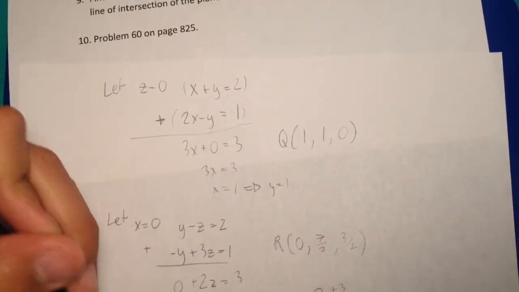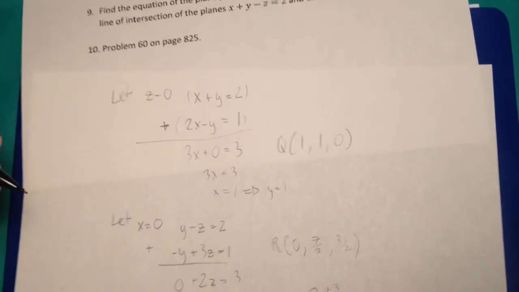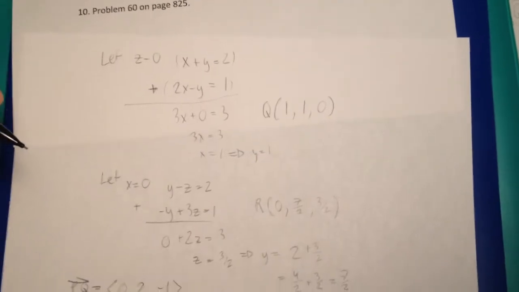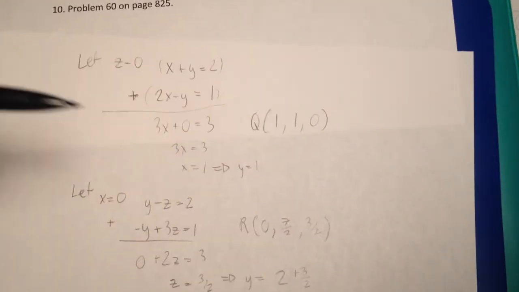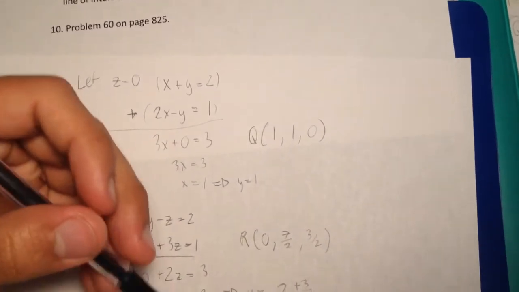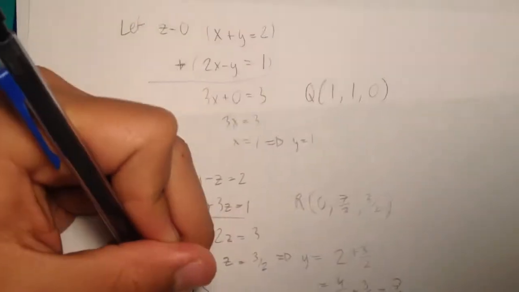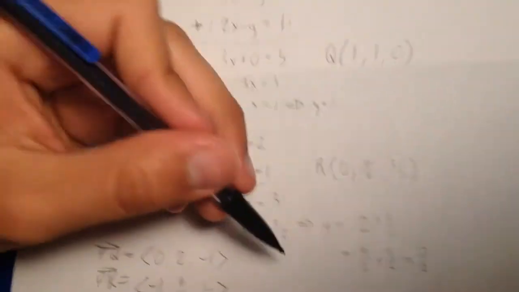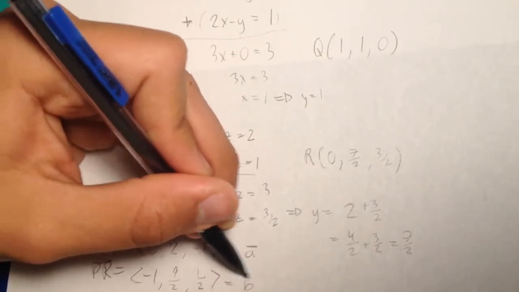Then our vector PR is going to be 0 minus 1, which is negative 1, 7 halves minus 1, which is going to be 9 halves, and then 3 halves minus 1, which is then 1 half. We're just going to call those vectors vector A and vector B.